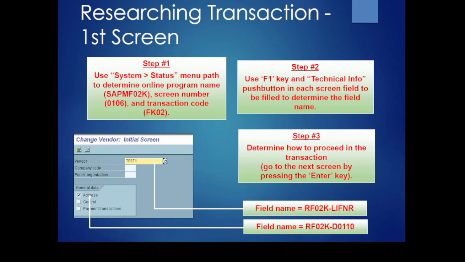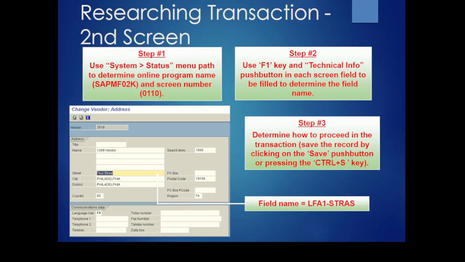All the things are displayed on our screen, like the field name of the address and the screen field for the vendor. The screen field for the address is LFA1-STRAS. Here we are researching the address field of our vendor change address screen.